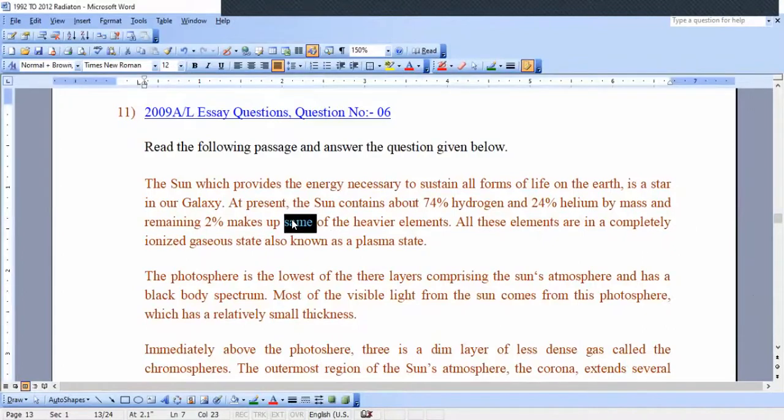All these elements are in a completely ionized gaseous state, also known as a plasma state. The photosphere is the lowest of the three layers comprising the sun's atmosphere and has a black body spectrum. Most of the visible light from the sun comes from this photosphere, which has a relatively small thickness.